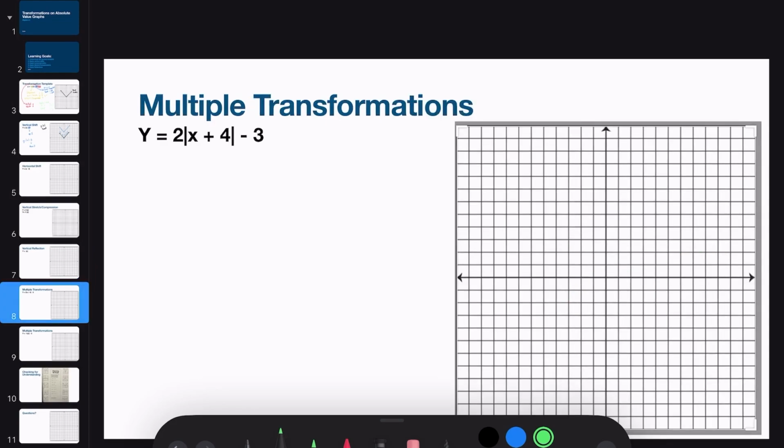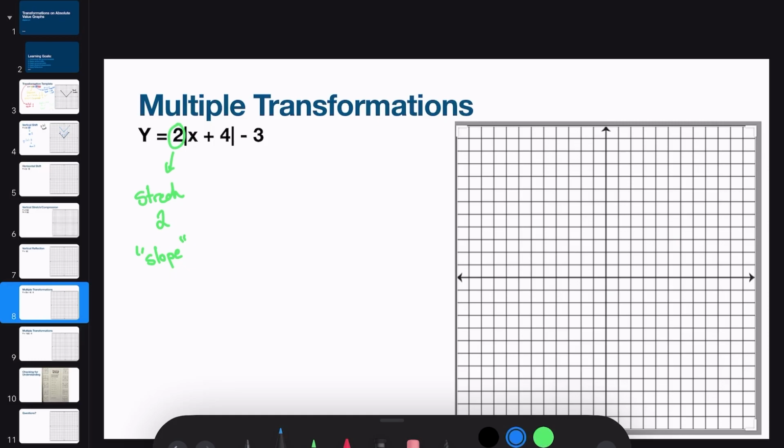So let's go through here. Let's first identify all the transformations. This 2 is a stretch of 2. We can think of it now as my new slope.